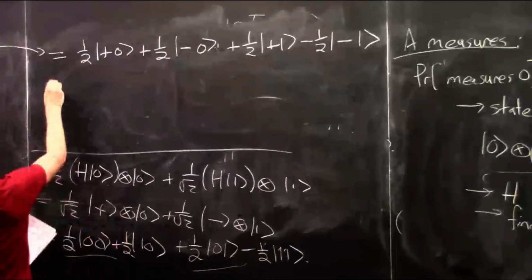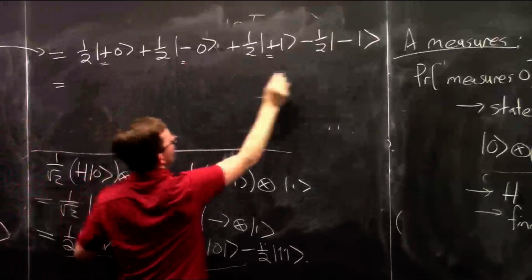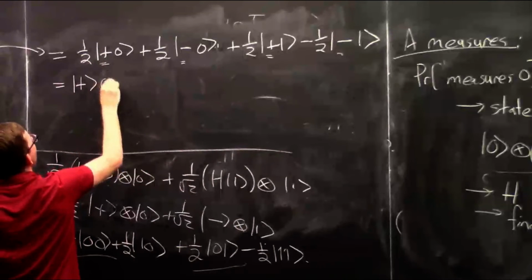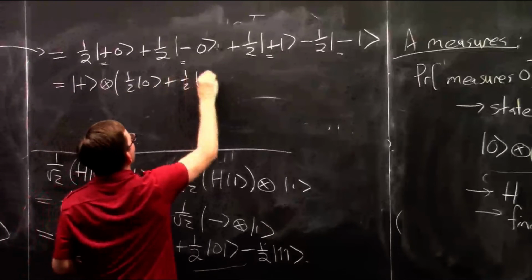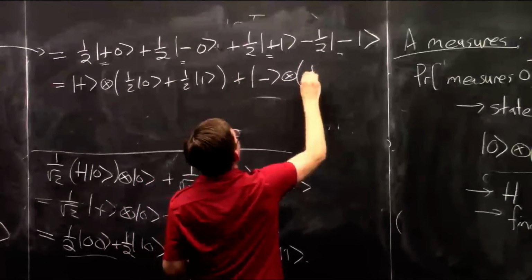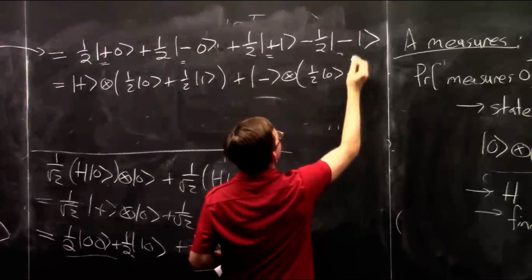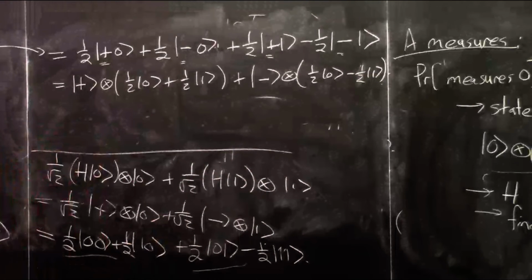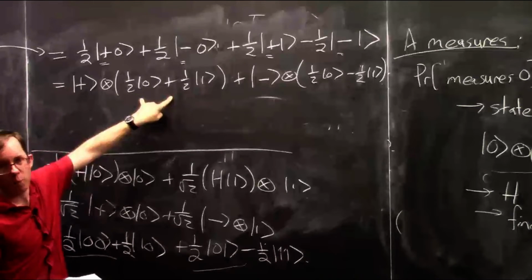And let me factor this, because I'm really interested in the component that has plus at the beginning versus the component that has minus at the beginning. So this is plus tensored with half 0 plus half 1, plus minus tensored with half 0 minus half 1. And this is basically the ket plus state times 1 over root 2.